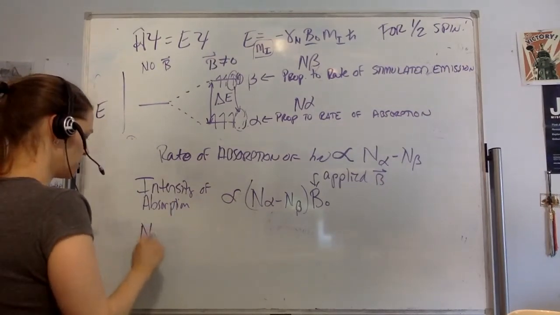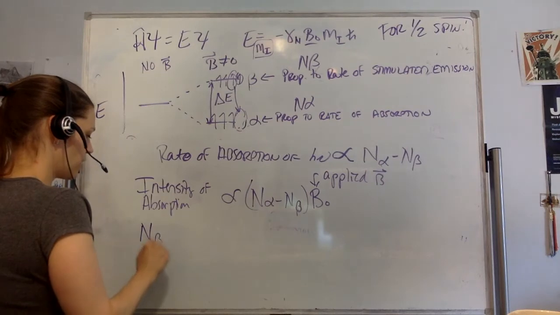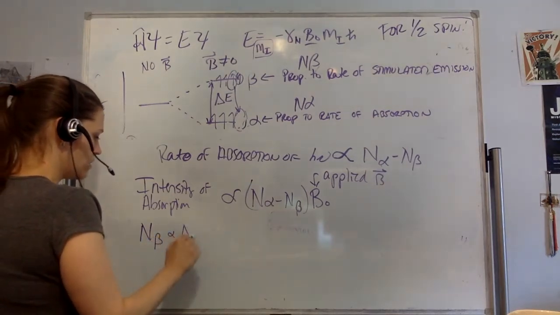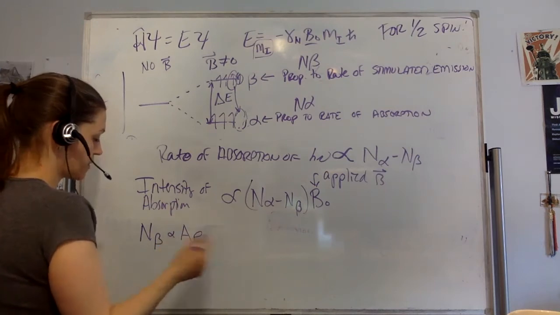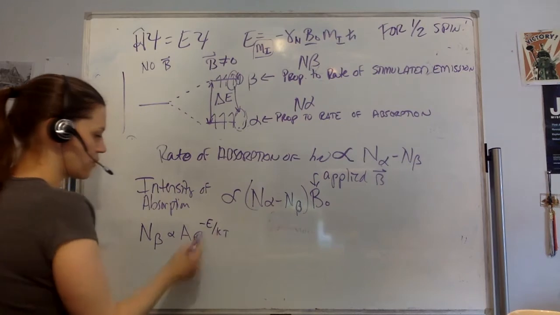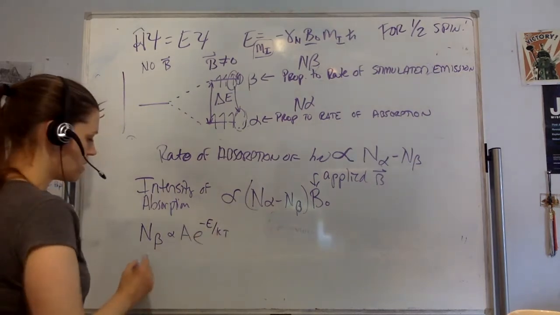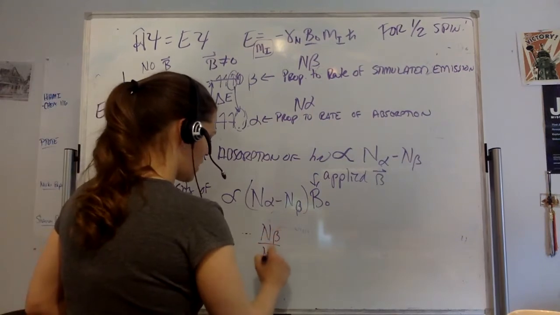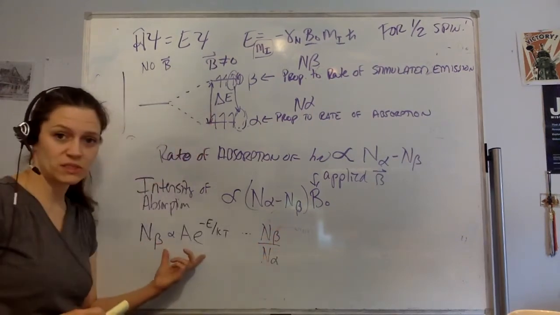From Boltzmann statistics, I know that N beta is proportional to the factor e to the minus E over kT, where E is your energy state. So then what you can get is N beta over N alpha. We're using Boltzmann statistics.